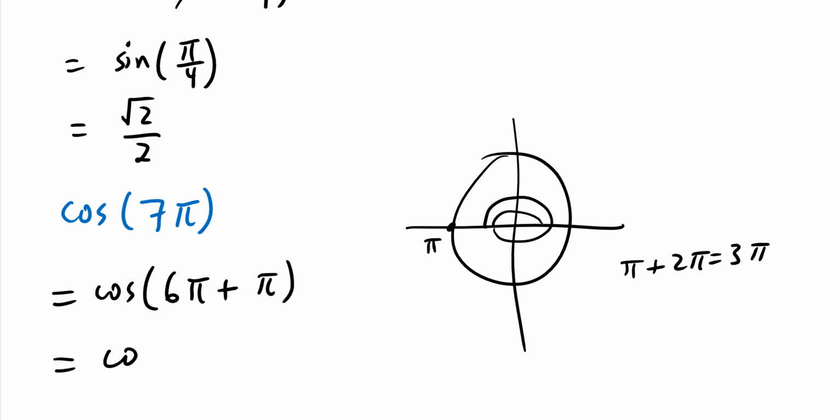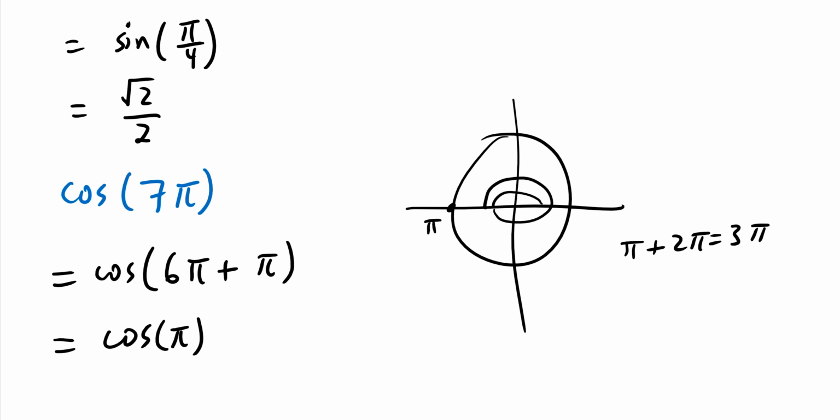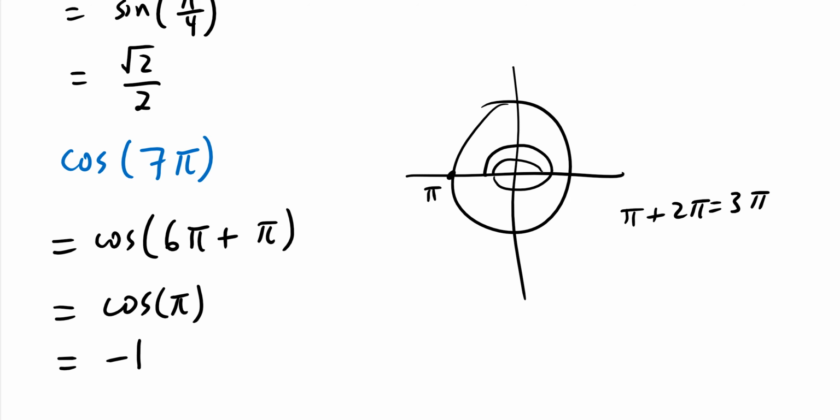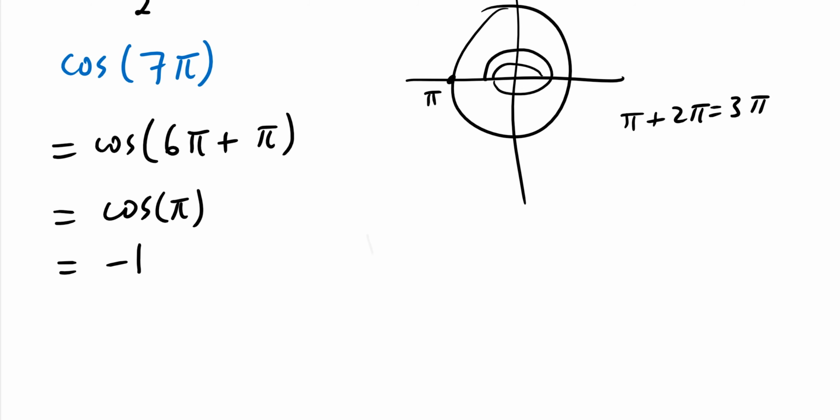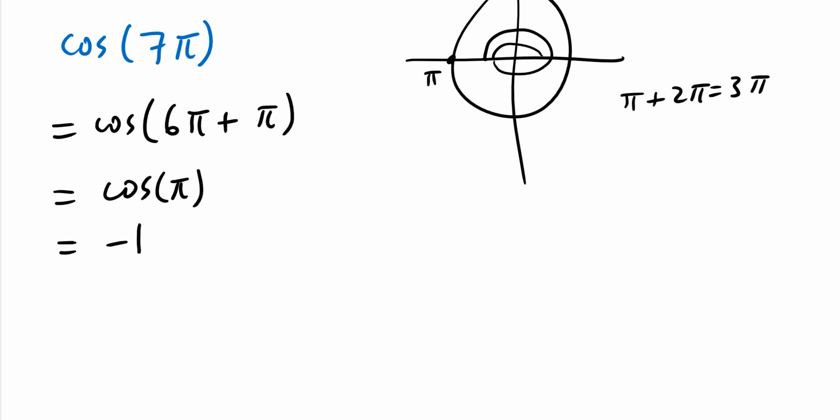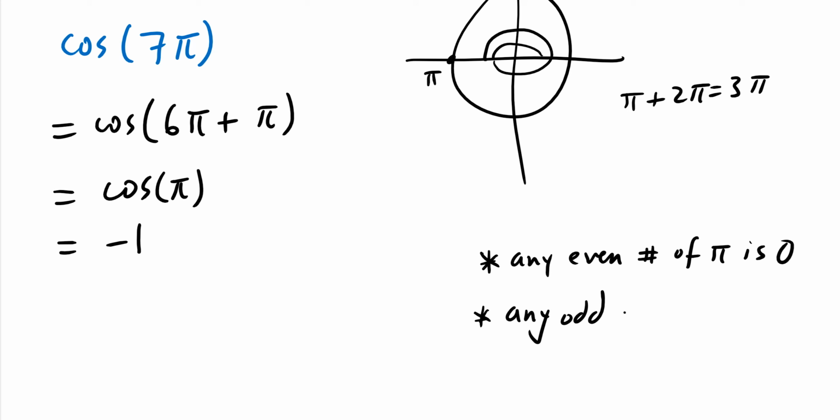So that gives us cosine pi. And we know from the previous section, this is -1. So we can write here on the side, any even number of pi is 0. Any odd number of pi is pi.